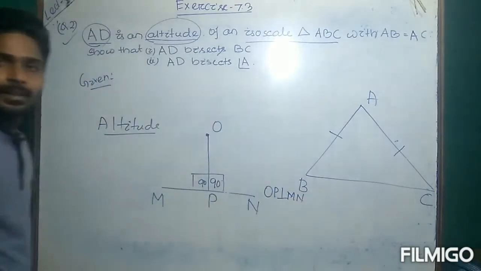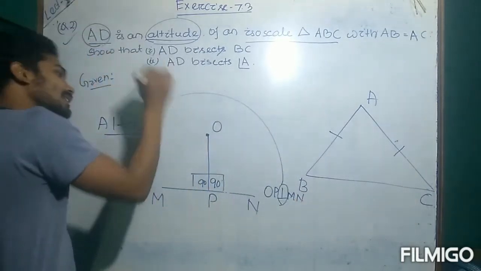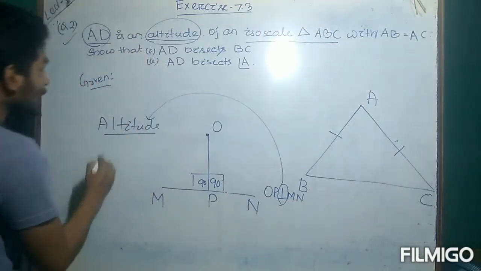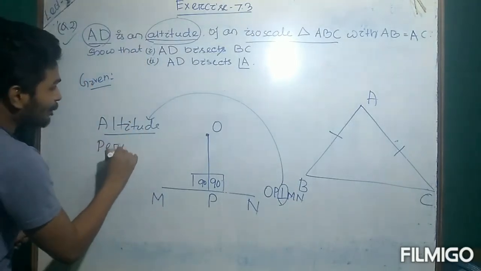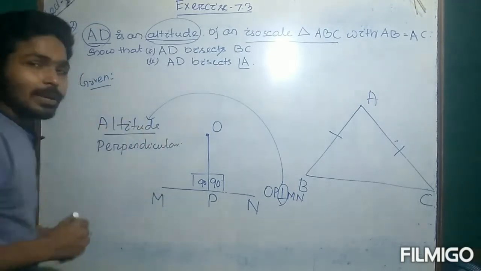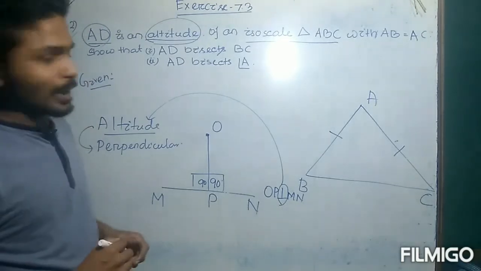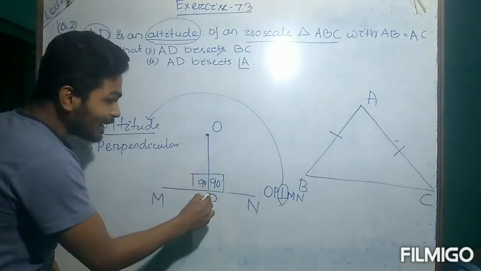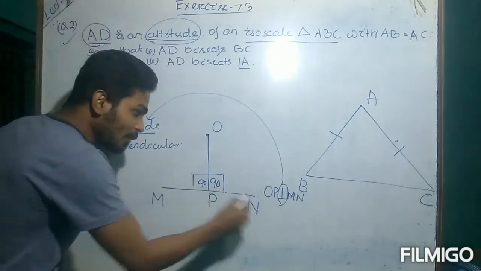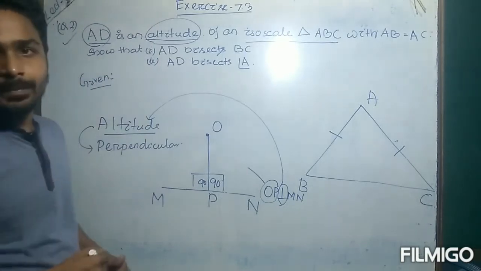You know it. Now this perpendicular is also known as altitude. So the other name of altitude is perpendicular. Here OP is perpendicular to MN, or you can say OP is an altitude.